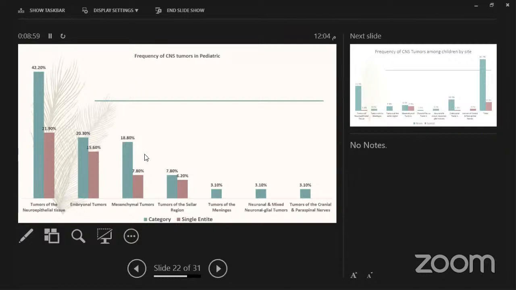Here, the third most common pediatric tumor is lymphoma. Maybe it is logical because the Oncology Center register mentioned lymphoma as one of the most common malignant tumors in the pediatric and adult groups.